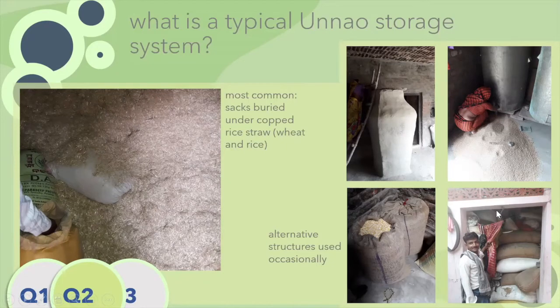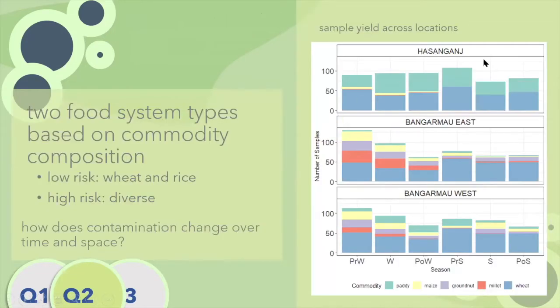So we are working in 3 different village clusters. The first of which is Hassanganj, which is primarily dominated by rice and wheat, sort of constituting a lower risk food system. And then the other 2 village clusters are in Bangarmao, which have a more diverse food system, especially in the rainy season, where rice is also supplemented by maize, groundnuts, and pearl millet.